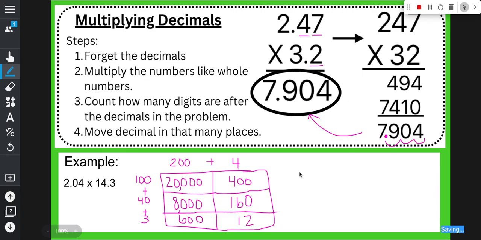If I add up my first column, I get 28,600. And then I'm going to add that to my side amount here, which is 572.